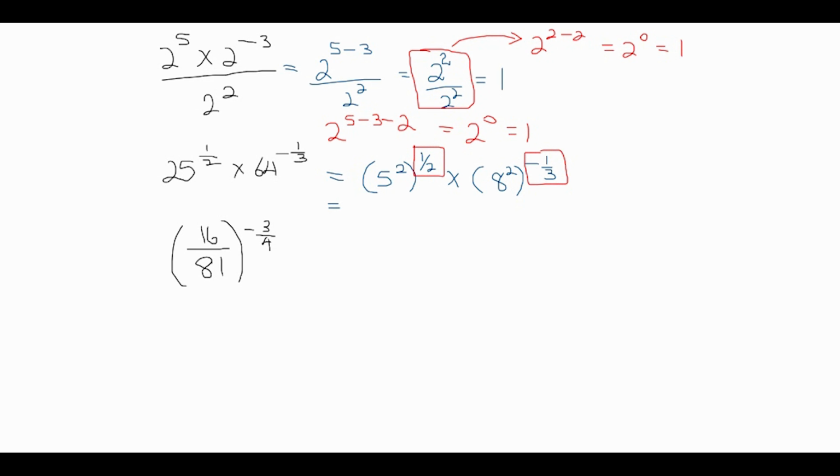As in, you could still get rid of the fractional index in a pretty simple way in a little bit and still be able to work it out with no trouble. Alright, but as Adina just said, we could change it to 4 to the power of 3 because 64 is the same as 4 cubed, and that is going to help us with getting rid of that 1/3 like nothing.